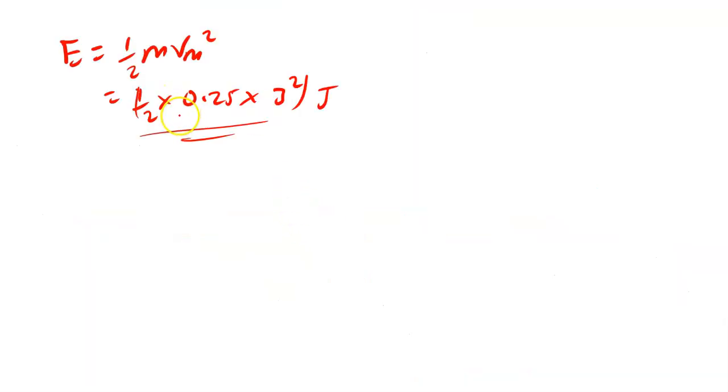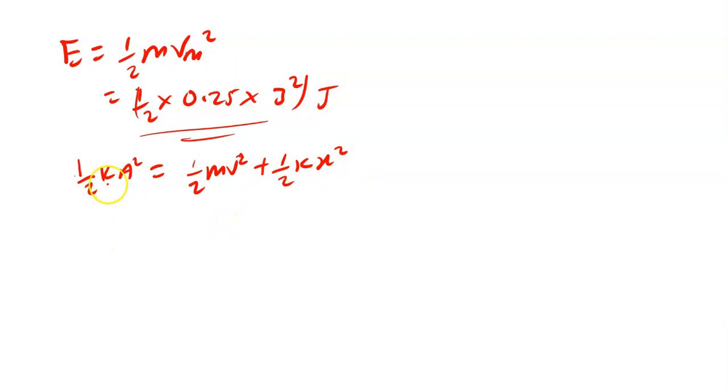We'll say the block speed when x is equal to a over 2, getting equation 2, which is 1 over 2 k a squared, and equating it to equation 1, which is 1 over 2 m v squared plus 1 over 2 k x squared.